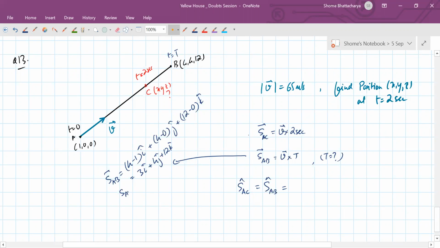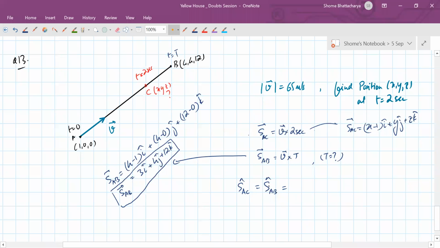So this is the displacement from A to B, whereas this one would be that unknown (x minus 1) i cap plus y j cap plus z k cap.